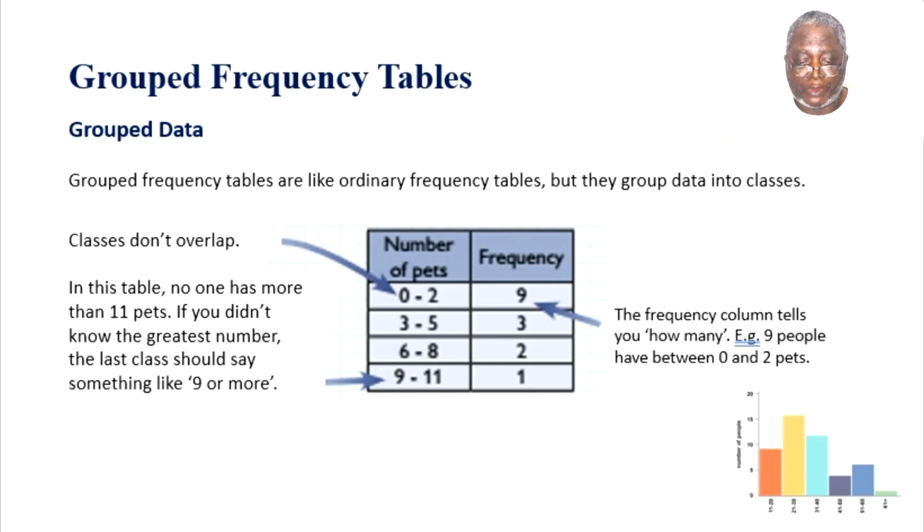And if you look under frequency, the frequency column tells you how many. For example, 9 people have between 0 and 2 pets. So it's a broad estimation, but it gives you a sensible guideline as to how to go about working with numbers.